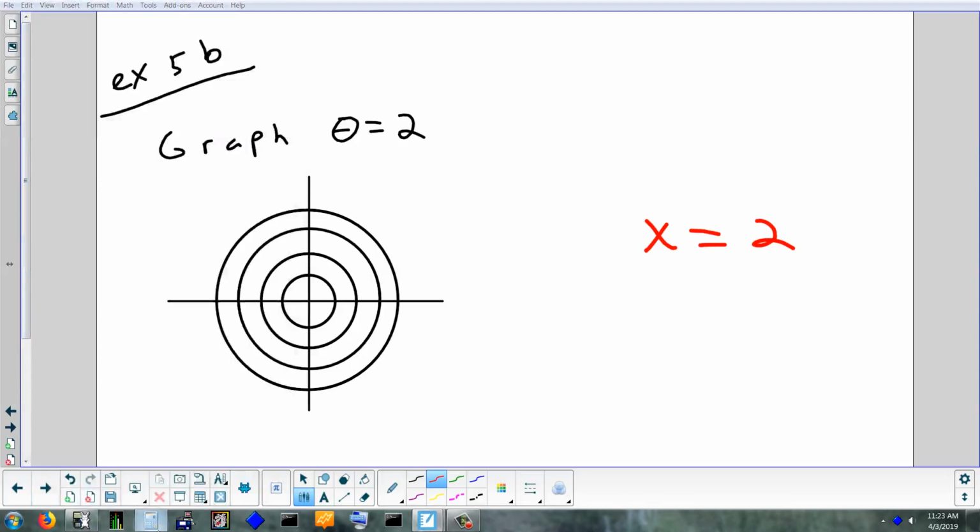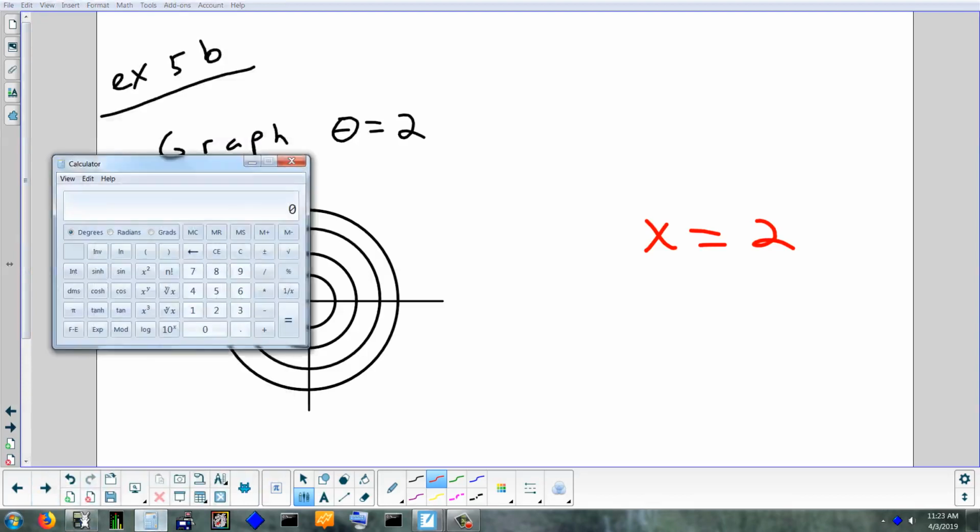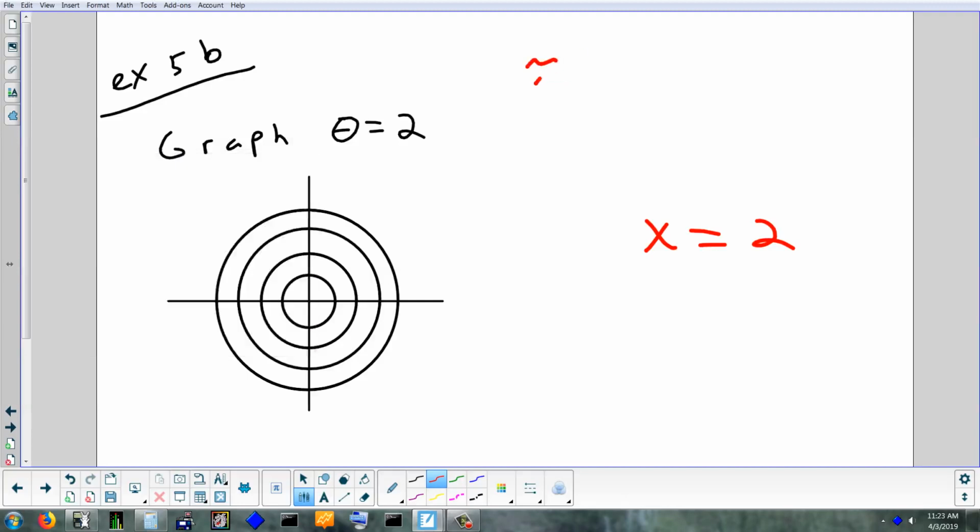What angle is it? Well, if you converted it to degrees, that's 2 times 180 divided by pi. It's about 115 degrees. So you can keep that in the back of your mind. What they want you to do this time is graph every single point that has an angle of 115 degrees.